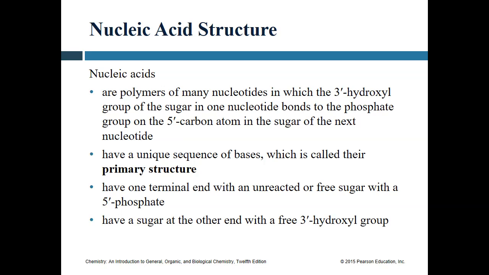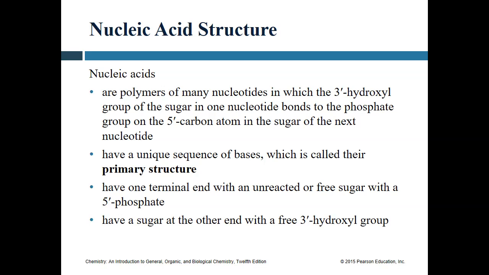So similar to proteins, we talk about this linkage of nucleic acids one after another. We refer to that as the primary structure. Just like with amino acids, we refer to the primary structure as just one amino acid linked after another. Same thing with these nucleotides.